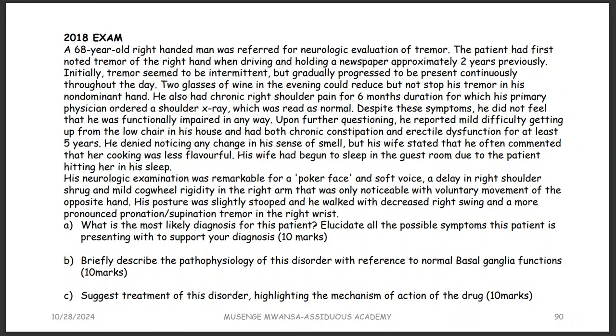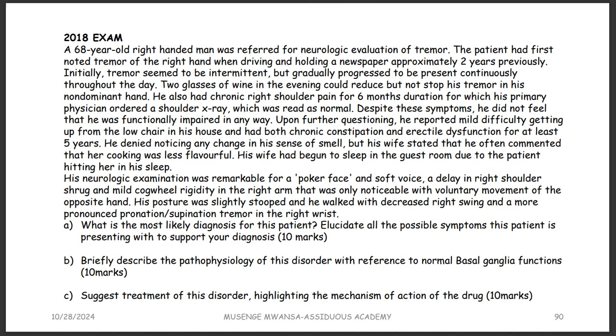Upon further questioning, he reported mild difficulty getting up from the low chair in his house and had both chronic constipation and erectile dysfunction for at least 5 years. He denied noticing any change in his sense of smell, but his wife stated that he often commented that her cooking was less flavorful.